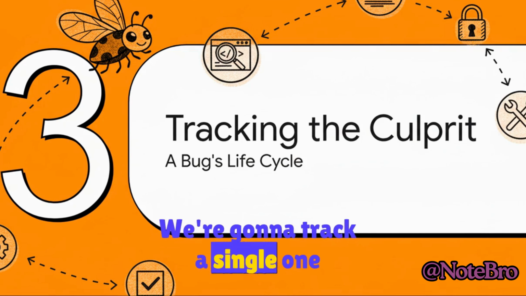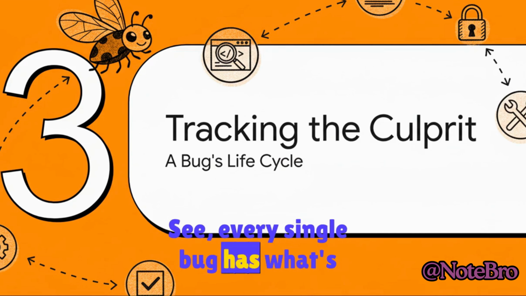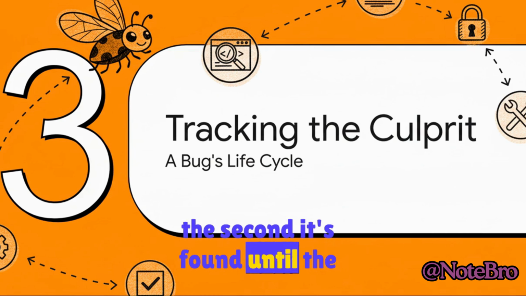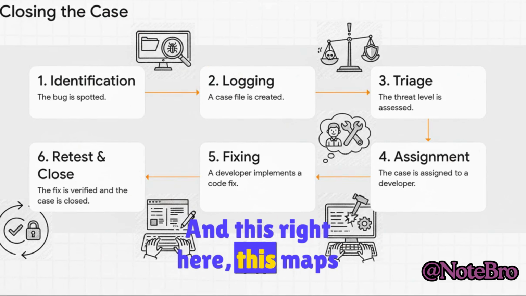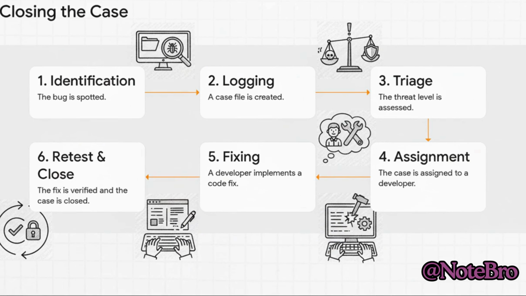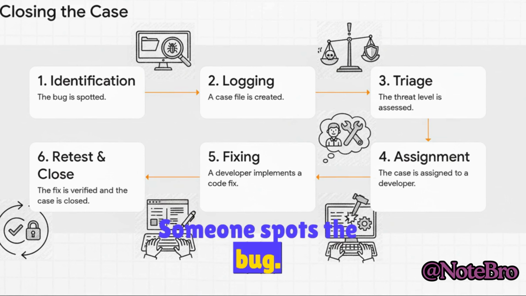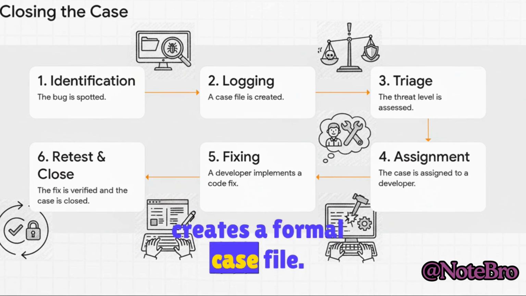Okay, let's follow the trail. We're going to track a single one of these culprits all the way through the system. See, every single bug has what's called a life cycle. It's the journey it takes from the second it's found until the case is officially stamped closed. And this right here maps out that journey perfectly. It all starts with identification. Someone spots the bug, bam. Then it gets logged, which basically creates a formal case file.